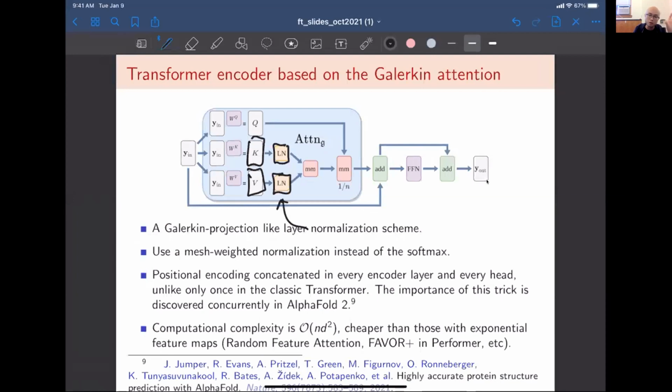The other trick we use is based on the universal approximator. The function we want to approximate is a function of the positional encoding, so maybe we should just enrich this positional encoding in every layer. It turns out Google DeepMind discovered this as well, concurrently, in their July AlphaFold 2 paper.